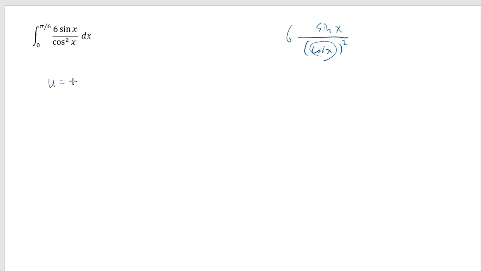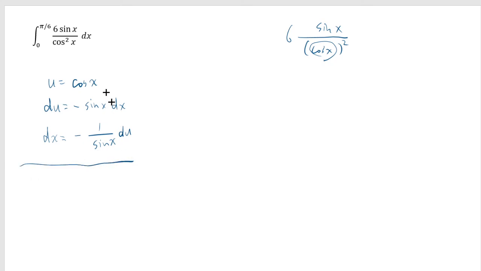So you want to use u as cosine of x, differentiate both sides, so that du is negative sine x dx, and then you divide by negative sine x to get dx equals to negative 1/sine x du. Okay, so that's what you want to do.